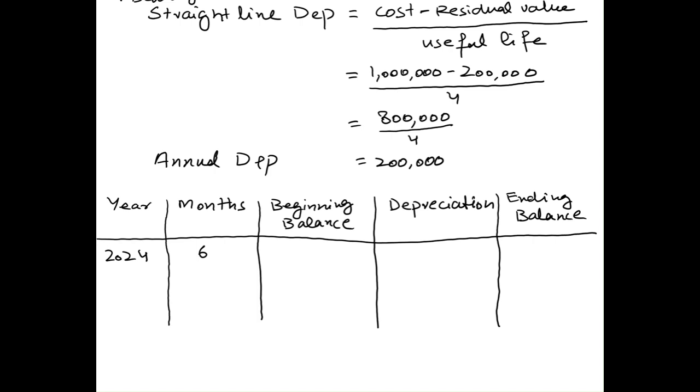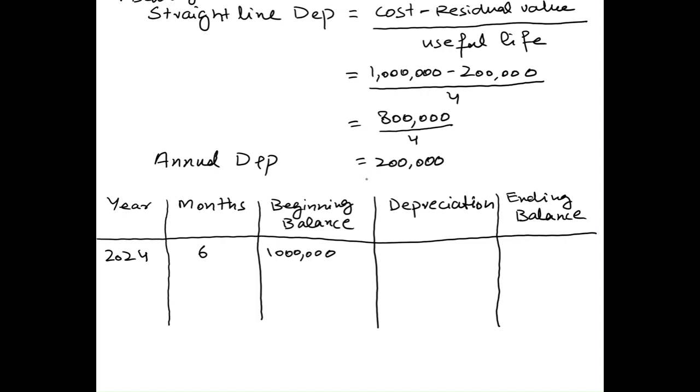And the beginning balance is $1 million. Now, the annual depreciation is $200,000, and remember, this is for 12 months. For fiscal 2024, the asset is only 6 months old at the end, on December 31st, because you purchased it on July 1st.